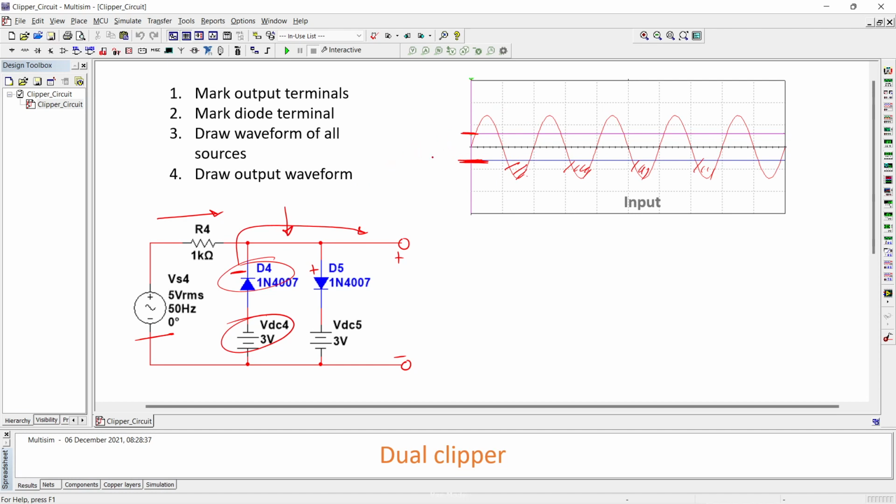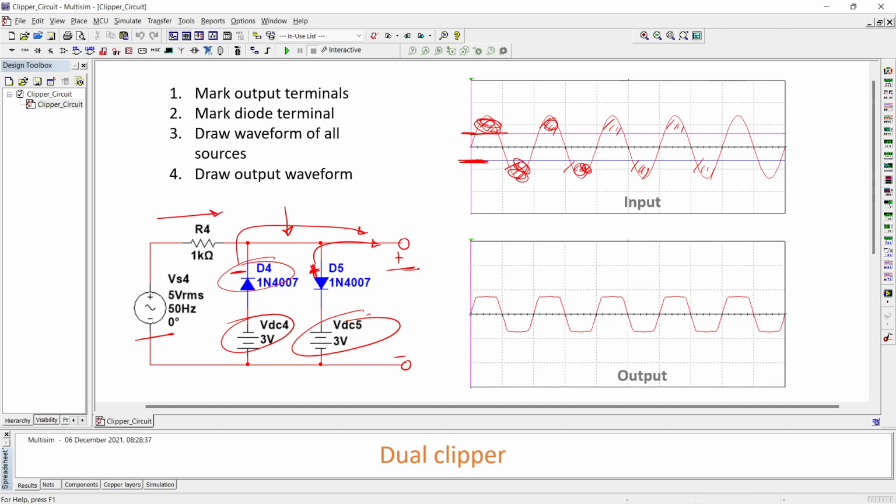So now let's keep this thing in mind and draw the next waveform. Now the positive terminal of this diode is facing towards the positive. That means this section of the signal we should remove, because this line is represented by this battery. So we should remove this section as well as this section. So the output will look like this.